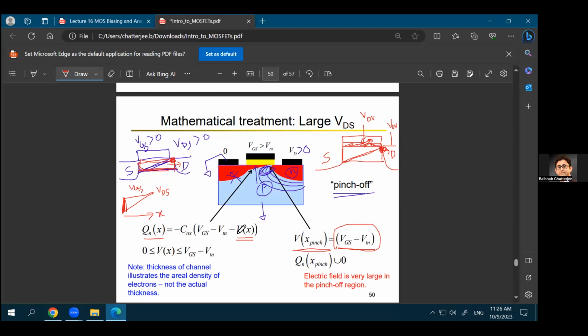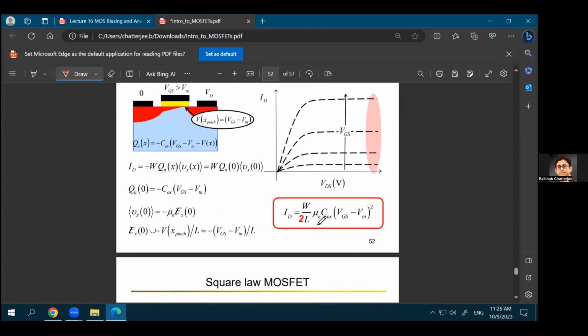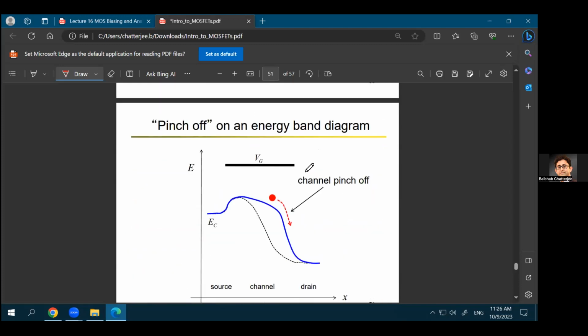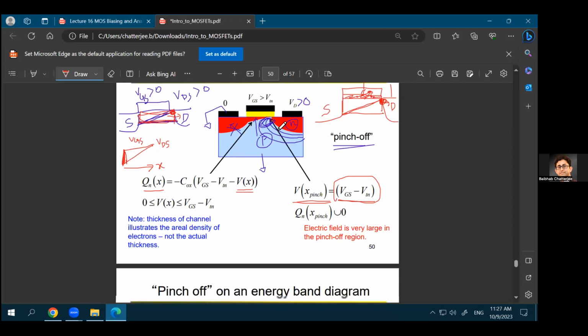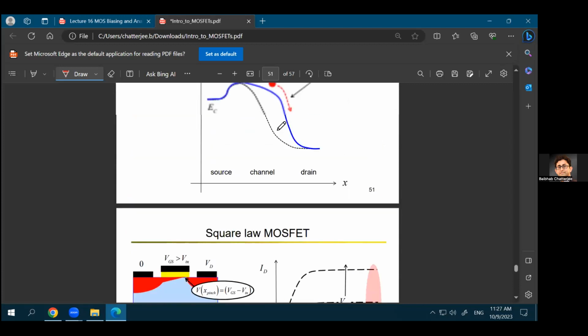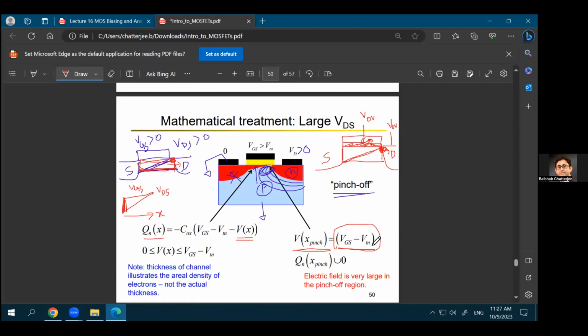And using this, if we again do the same calculations for the pinch-off region, you'll eventually come up with this equation. I'm not going over the derivation. Please go over the derivation in this case, and you'll see that when you are considering pinch-off, as your drain to source voltage will be equal to VGS minus VT at pinch-off, you do not have the VDS term anymore.